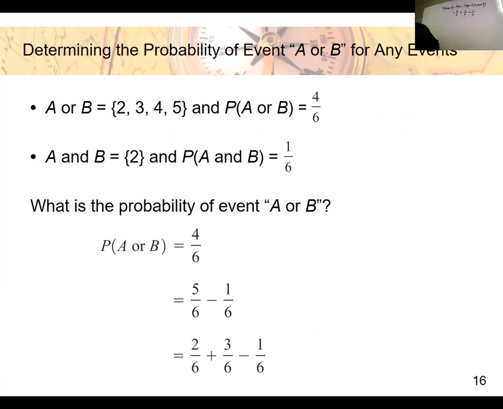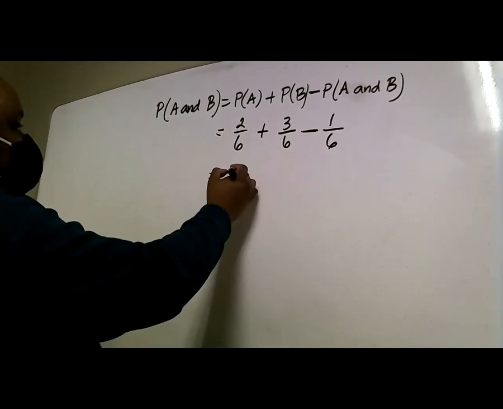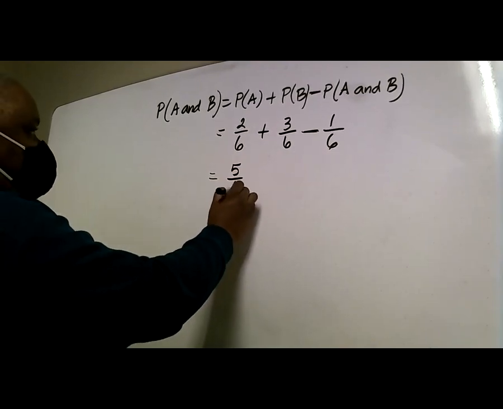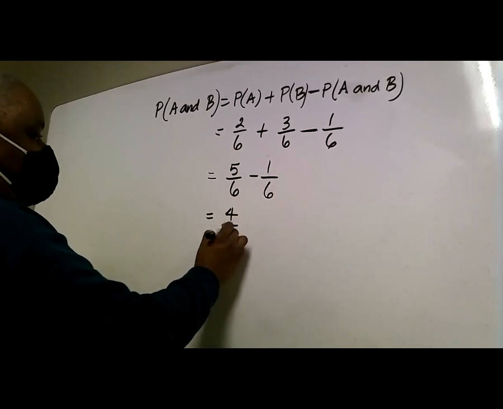Okay. So that's 2 over 6 plus 3 over 6 minus 1 over 6. 2 over 6 plus 3 over 6, that's 5 over 6. 5 over 6 minus 1 over 6 will give you 4 over 6.